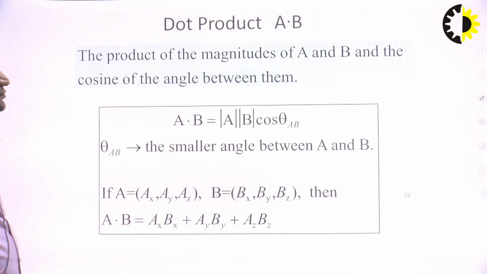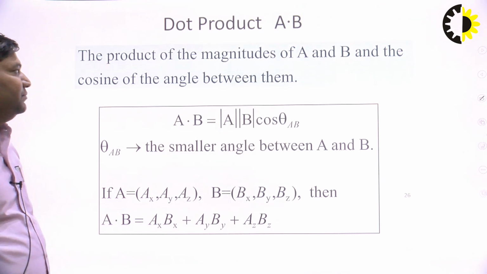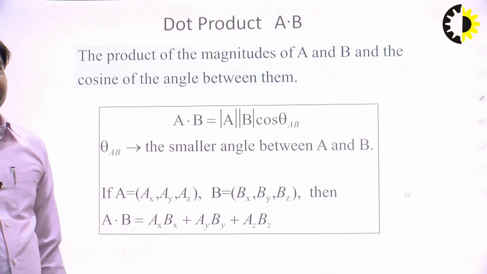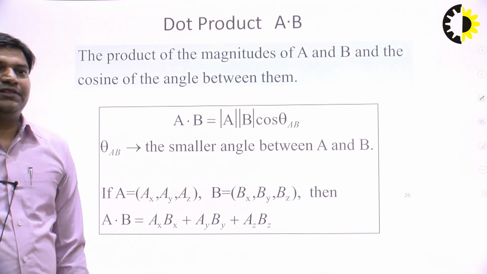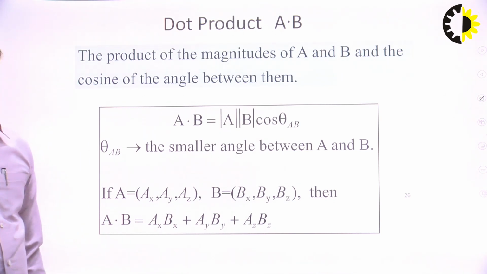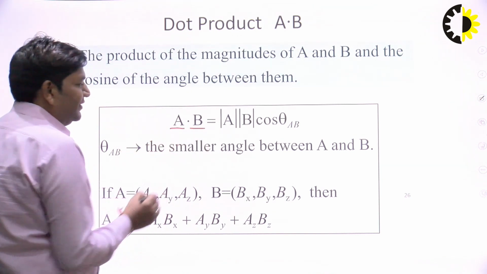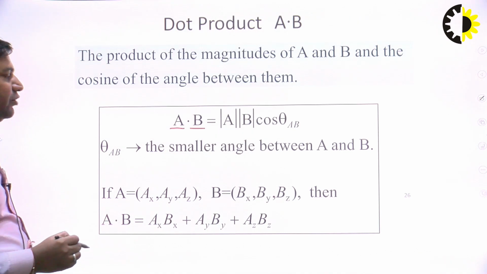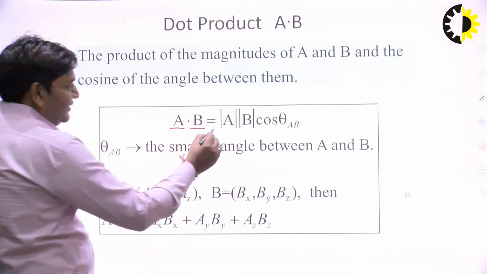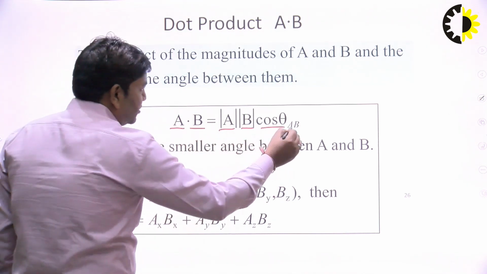So first, the dot product is defined as the product of the magnitudes of a and b and the cosine of the angle between them. That means if two vectors a and b are defined, then the dot product is mod a, mod b, and cos theta ab.